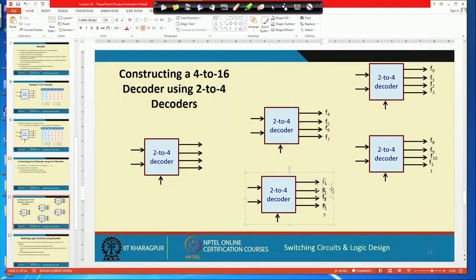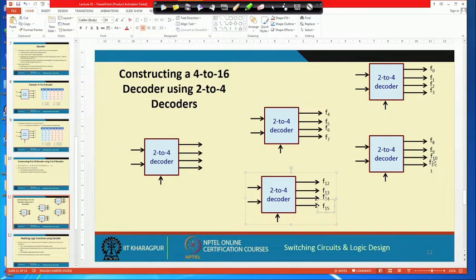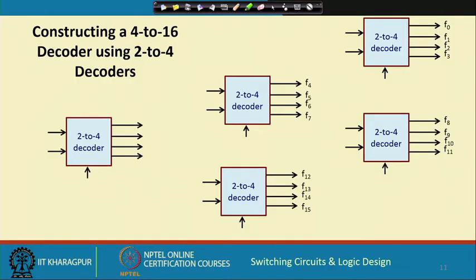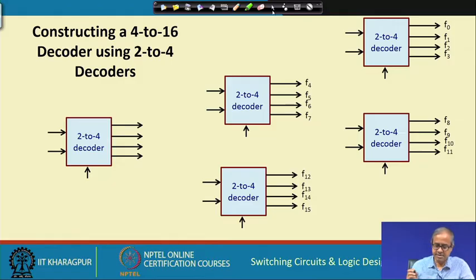There is a formatting issue, let me correct this. This is 15, this is 10 and this is 11. Okay. Fine. So, let us have this. So, now we have a 4 to 16 decoder.